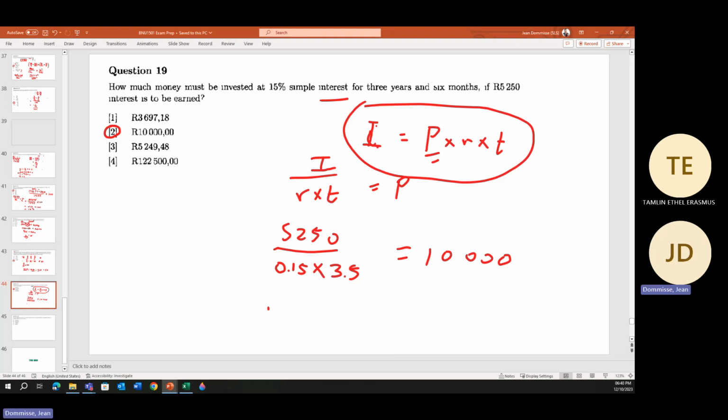So very important that we know what the interest function is, because that again is not something we use a lot. We normally use the function of how to work out what your future value will be or your present value.